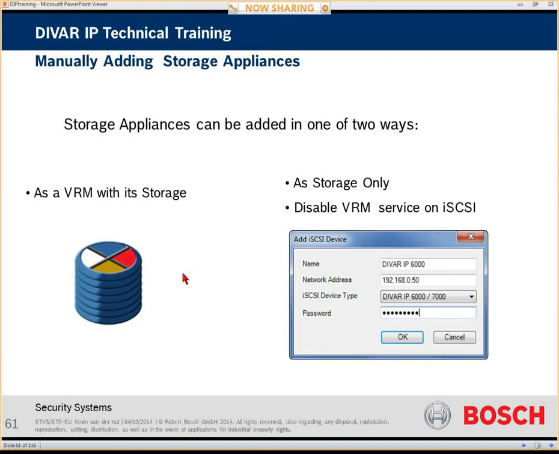Of course, if we're looking at manually adding a storage appliance, which could be a Divar IP 6000 being added into a Divar IP 7000, we can do this in two ways, because the Divar IP 6000 also comes with a VRM service pre-installed on the unit. We can import that fully with use of the VRM on it, but most likely you'll be using it as a storage device only, because the Divar IP 7000 itself already is providing the VRM functionality.